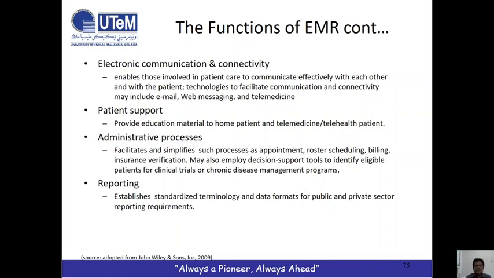Those are the agents that generate the EMR record. So the EMR is not only a record, because the EMR transforms data into knowledge, and this knowledge can be used to make decisions about the patient.